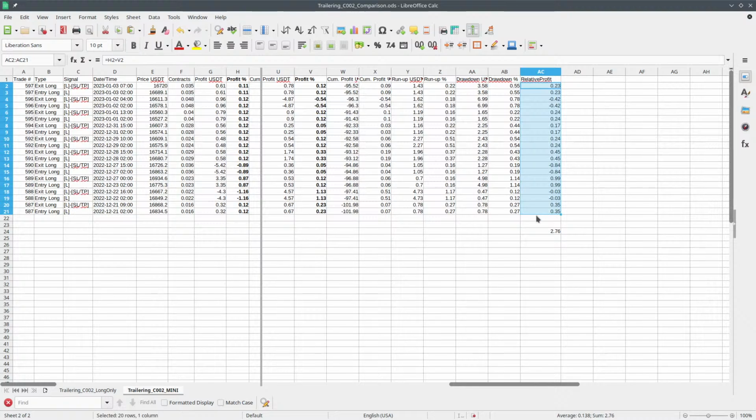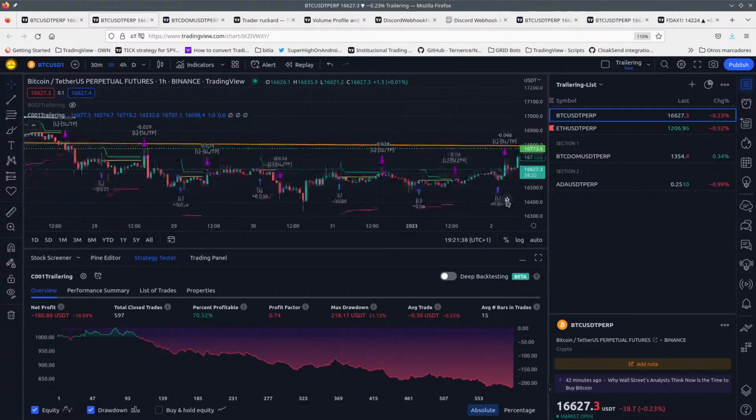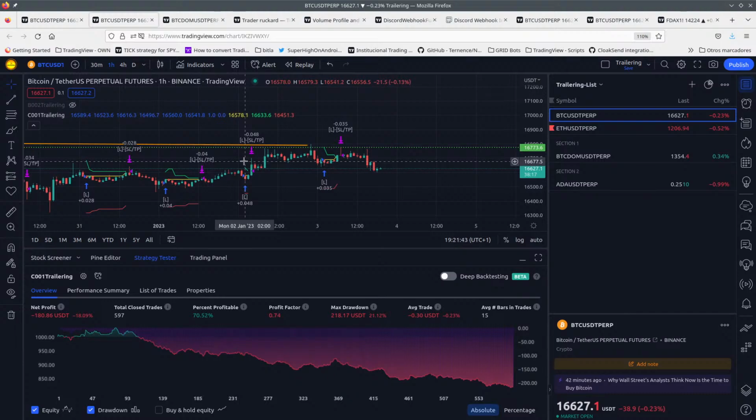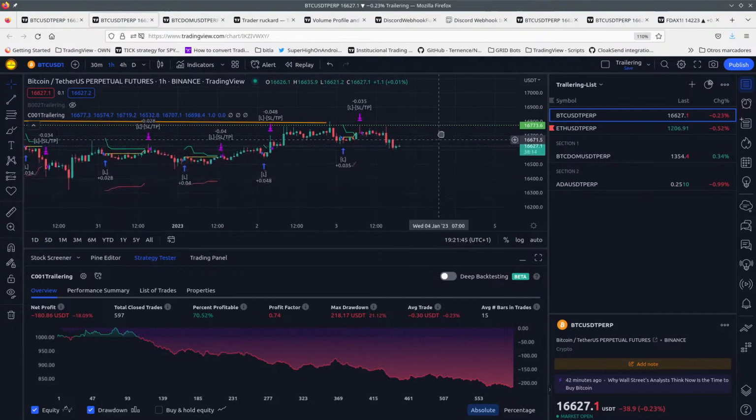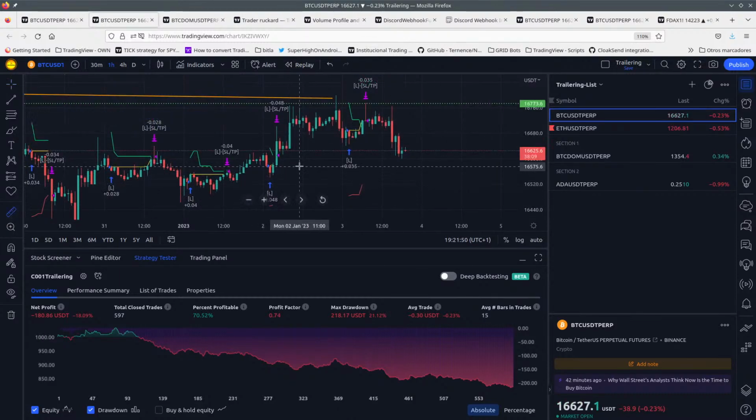You can see how sometimes this is a negative result. So let's see what happens maybe here on 2 of January. Okay, so what you can see here is how this goes down because of the take profit.